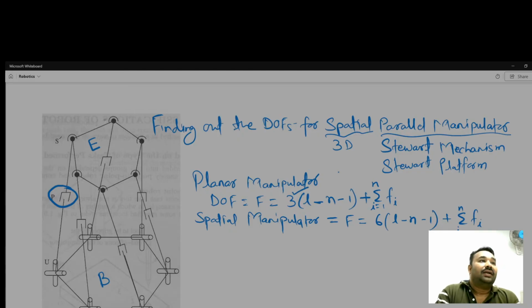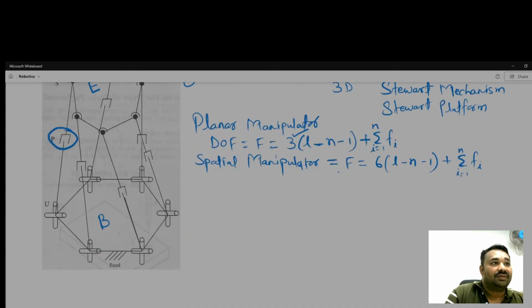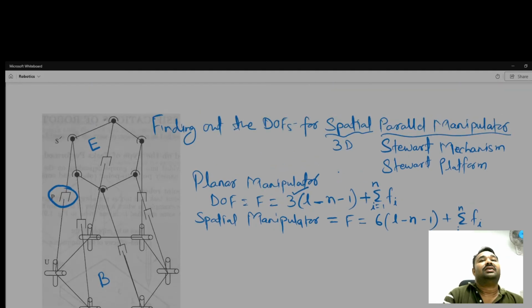Each link is connected to the end effector through spherical joints. At the bottom, at the base, U means universal joint, P means prismatic joint, and S means spherical joint.